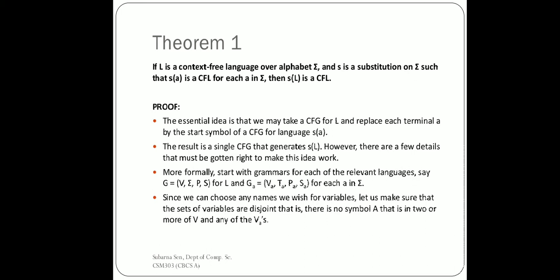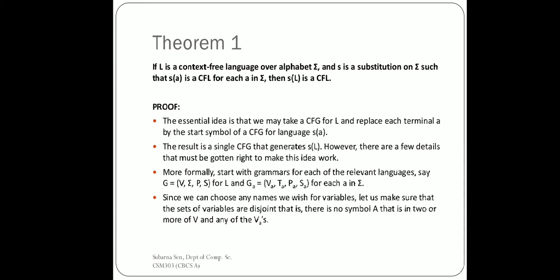then S(L) is a CFL, right? So if we can prove that S(a), that is a substitution on whatever symbols are there in sigma, is a context-free language, then we can say that whatever the total substitution we are doing on the language, that is S(L), is also a context-free language.